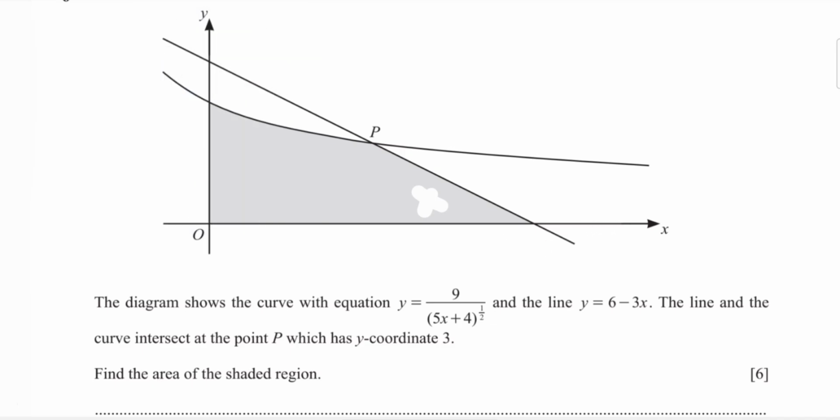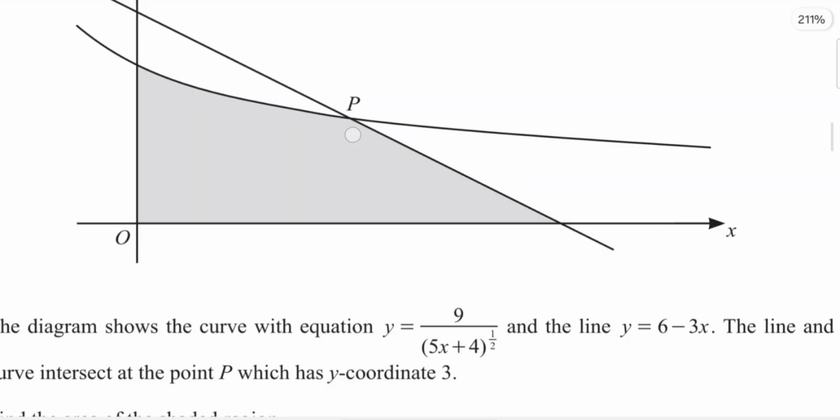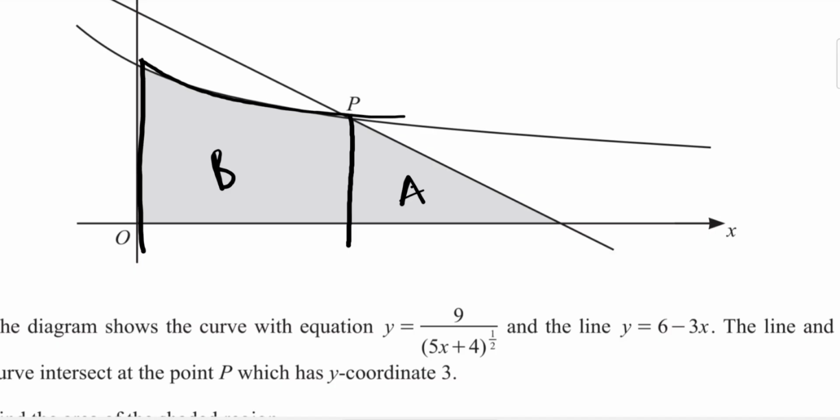So what I'm going to do here is divide this shape into two, so that I have a triangle and this part which is between the curve, the y-axis, and this line, that I can integrate for, and for the triangle I can use base times height over 2.